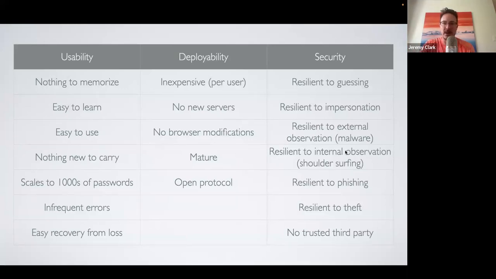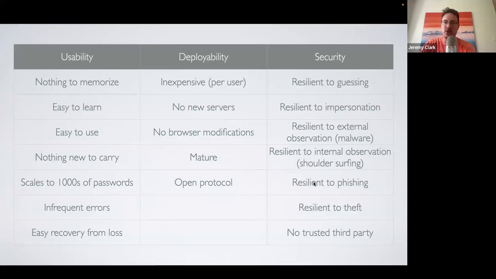We call that, sorry, I flipped the names. There's a typo in the slide. This should say resilient to external observation would be everything outside of your computer. So that would be shoulder surfing. And then internal observation would be everything inside your computer. So like malware, keystroke loggers that are running at the software level, that kind of thing. If I'm able to pull it out of the SSL or that kind of thing.